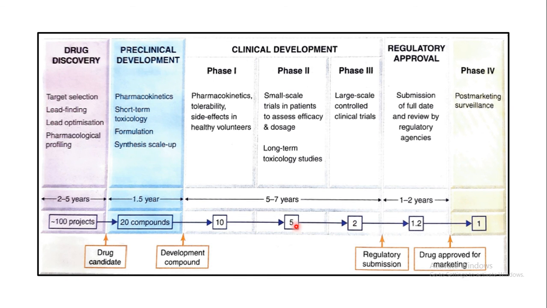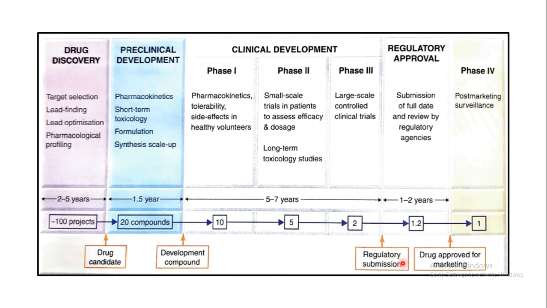Out of these 5, only 2 may reach the final outcome in phase 3. That is large scale controlled clinical trials, and all of phase 1, phase 2 and phase 3 may take around 5 to 7 years for the compound to reach its final phase 3.